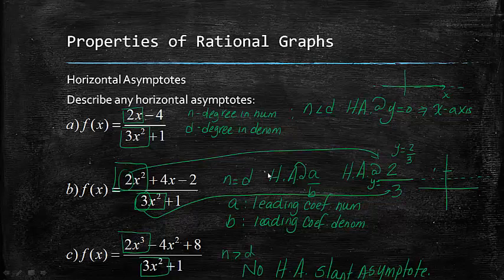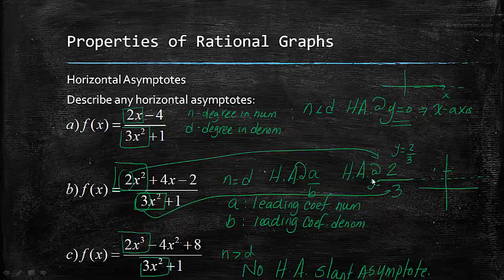So 3 rules you need to learn. When the degree in the numerator is less than the degree in the denominator, your horizontal asymptote is always going to be y equal to 0. When the degrees are the same, your horizontal asymptote is always going to be the leading coefficient in the numerator divided by the leading coefficient in the denominator.